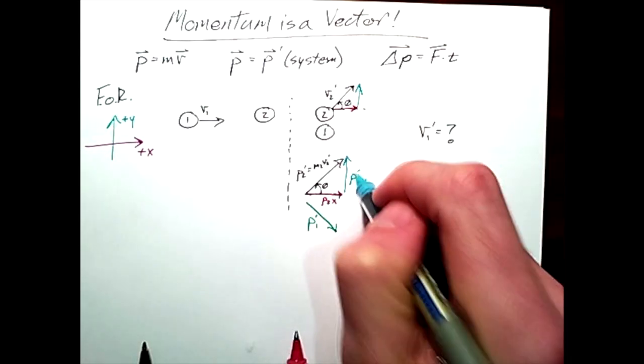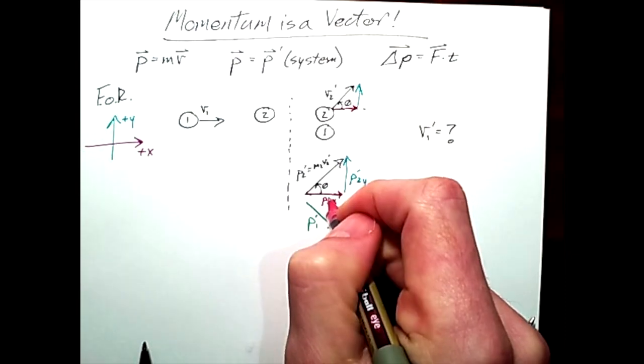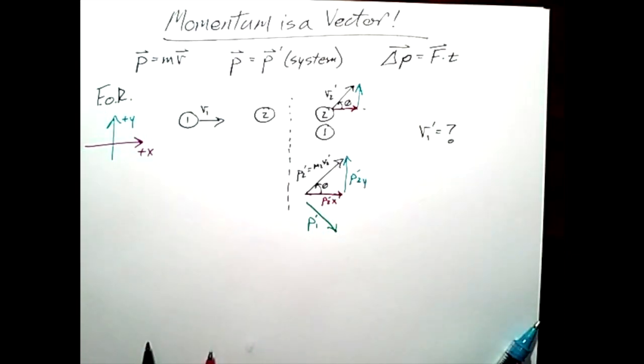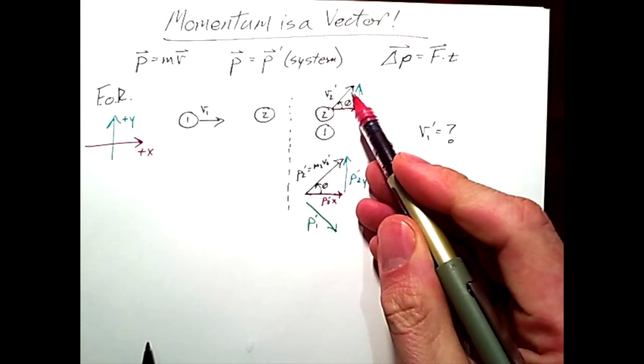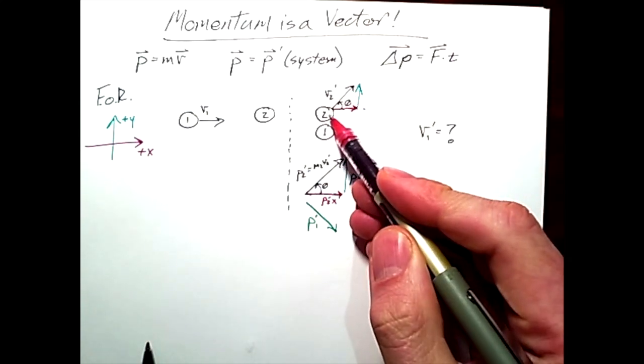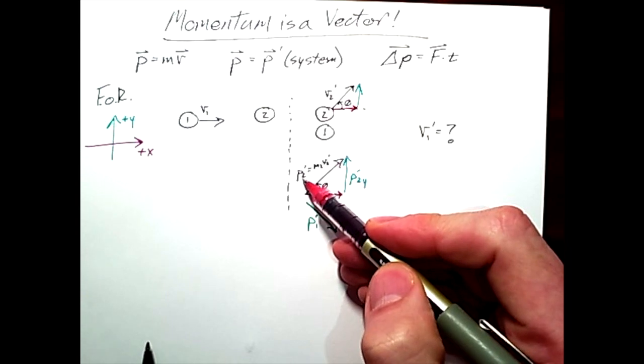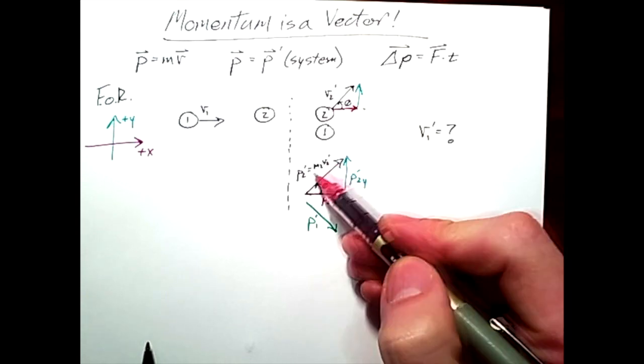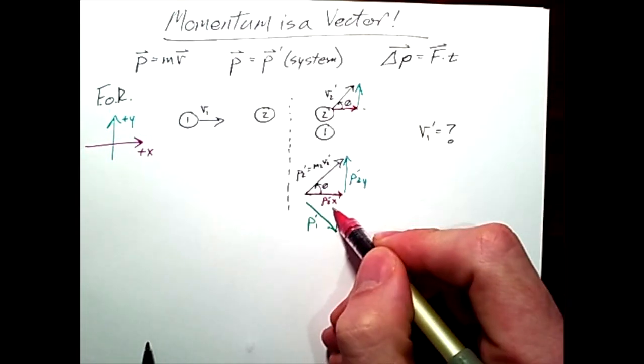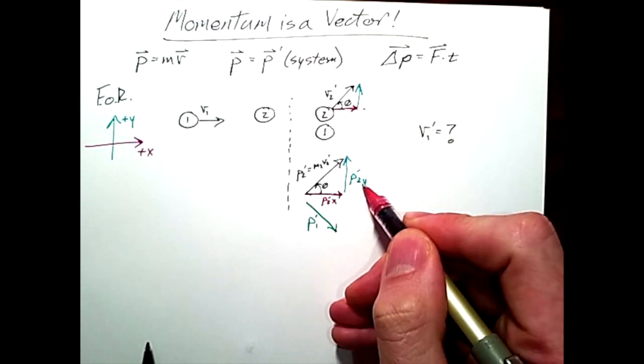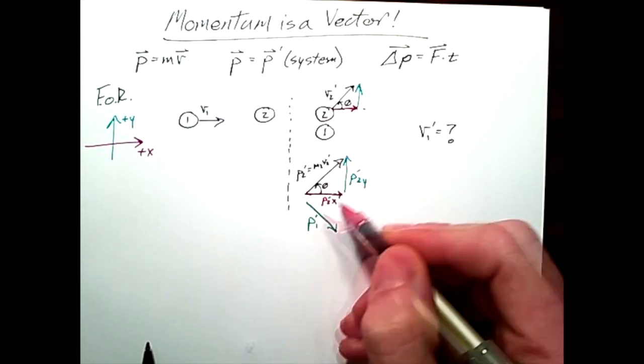Now these are both primes because this is the after conclusion. Using the information presented in the problem, which was the velocity of ball number 2, I calculated the momentum of ball number 2 after the collision by multiplying m times v, and then I'm going to calculate P2x and P2y by doing trig functions.